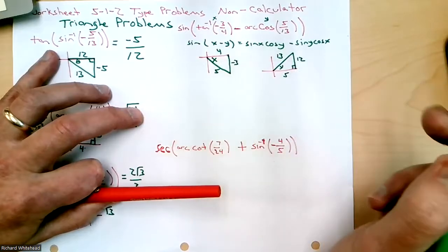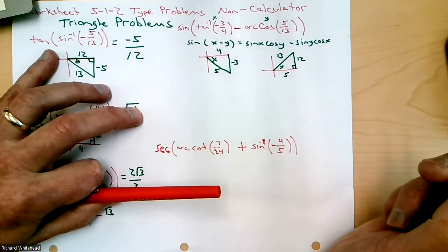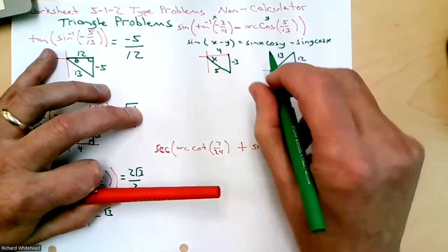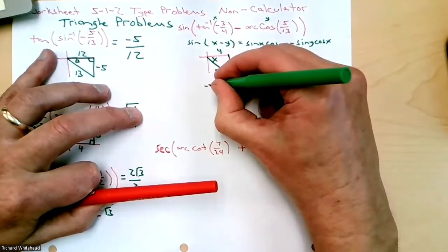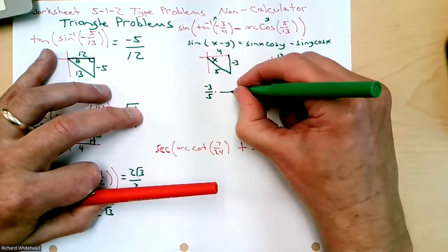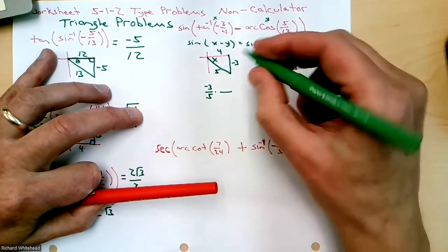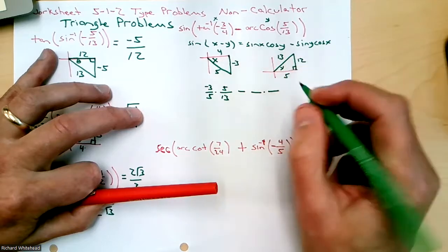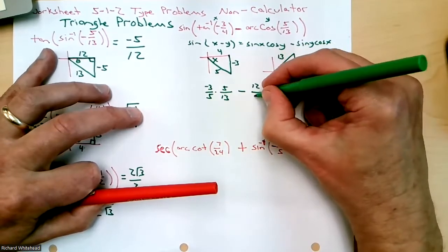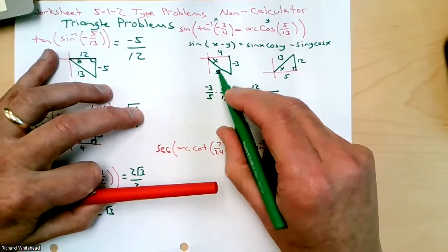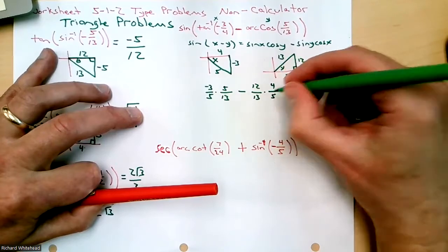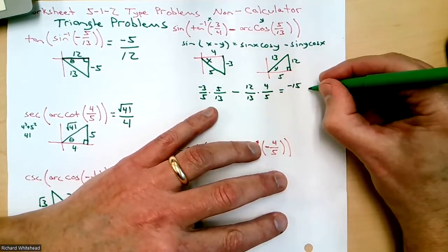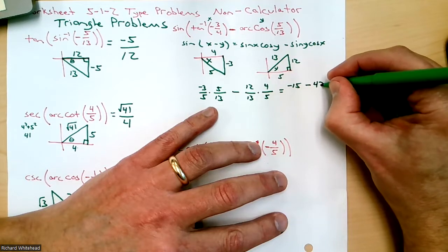These are all going to be Pythagorean triples, just because of the algebra involved. Pretty sure we made these all Pythagorean triples. So the sine of x, -3/5. Cosine of y, 5/13. Big minus sign. Sine of y, 12/13. Cosine of x, 4/5. So we end up with -15 minus 48.